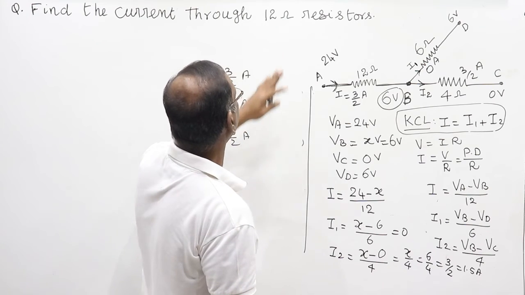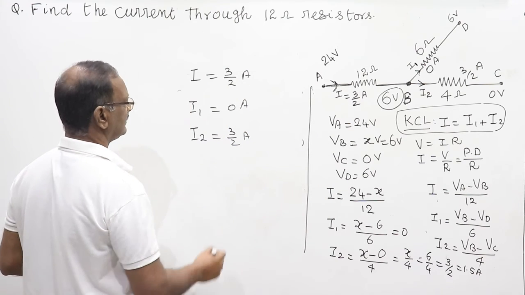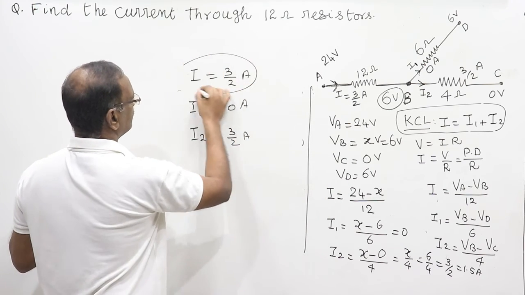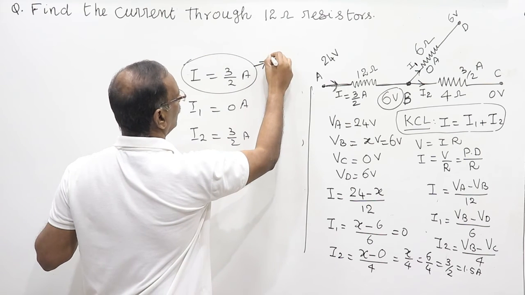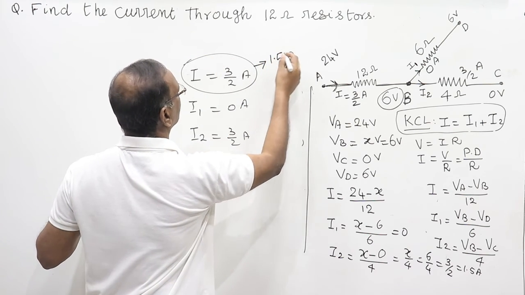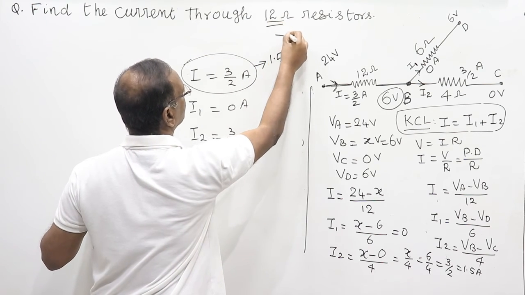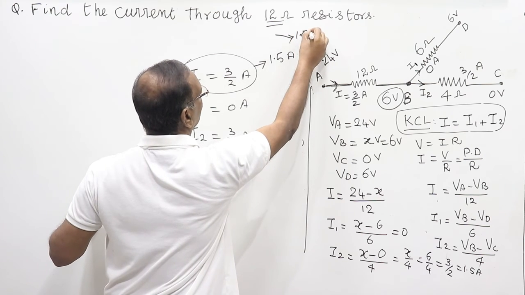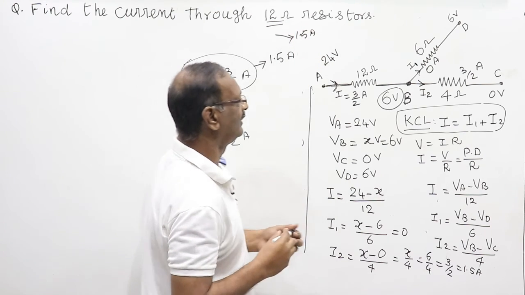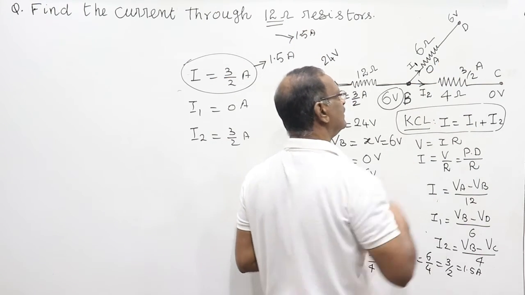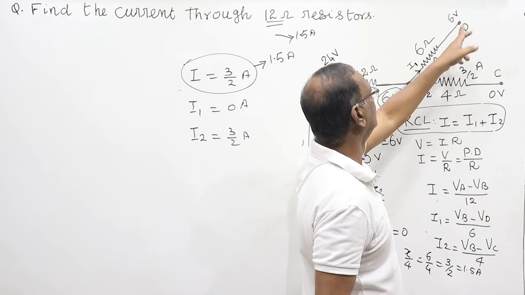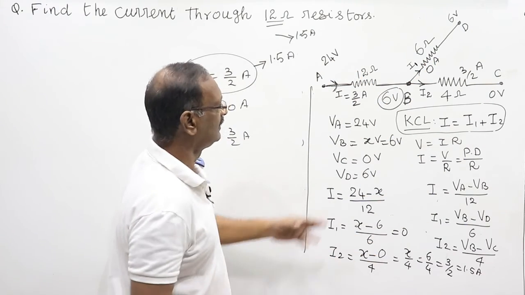What is the current through the 12 ohm resistor? The current through the 12 ohm resistor is equal to I, which is equal to 1.5 ampere. Let us find out why the current flowing here is 0. Here 6 volt is available, here 6 volt is available. What is I1?